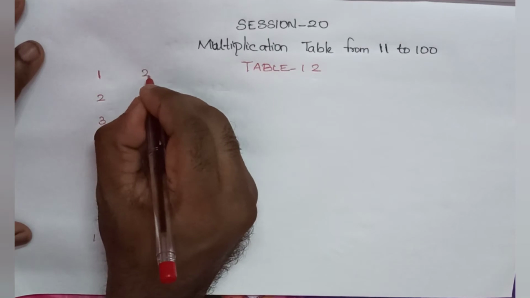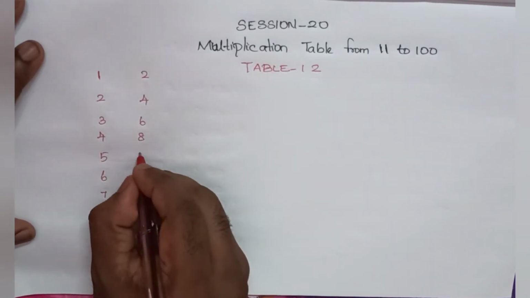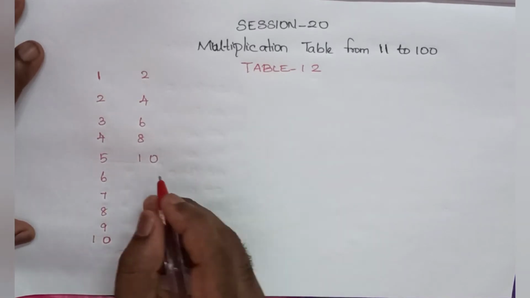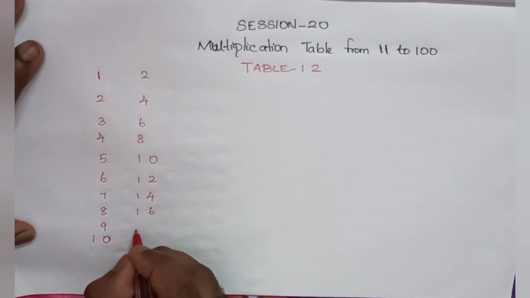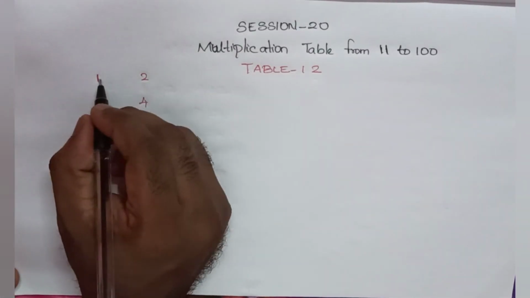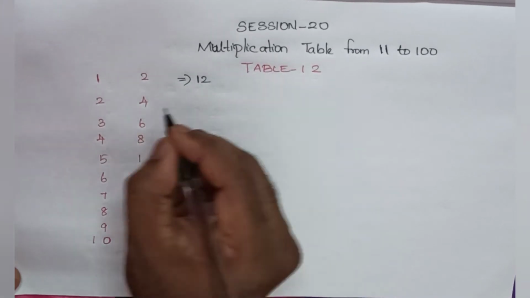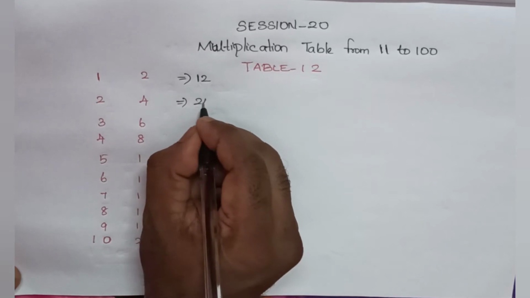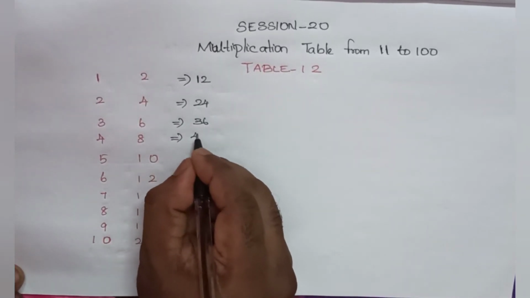Then two table: 2, 4, 6, 8, 10, 12, 14, 16, 18, 20. Now join both the digits. So 1, 2 is 12, 2, 4 is 24, 3, 6 is 36, 4, 8 is 48.